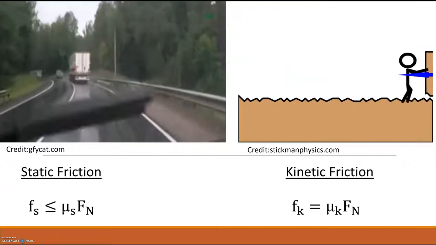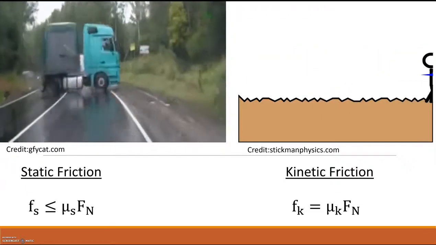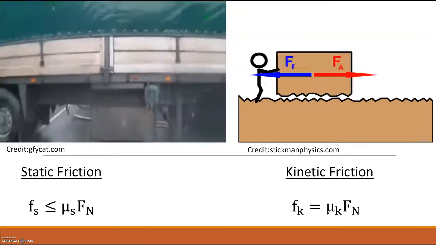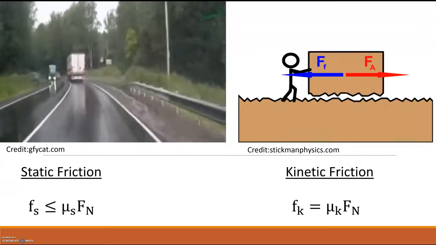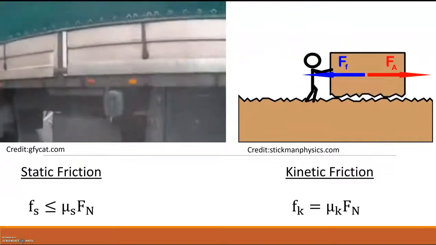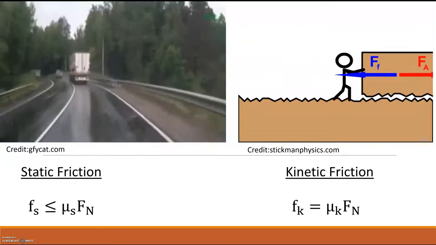The other instance where you get static friction is, say, if you're trying to move a heavy piece of furniture. You're pushing on the furniture, say a couch on a carpet floor. You're pushing on it, but it's not going anywhere. You're applying a force, so something must be opposing that force to make the couch not move.